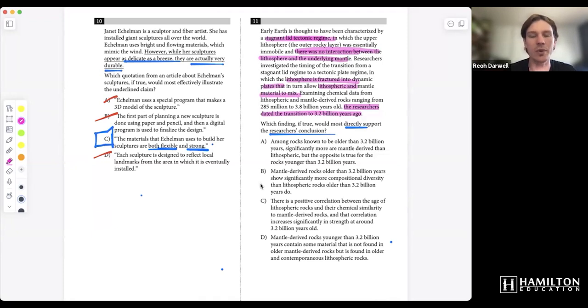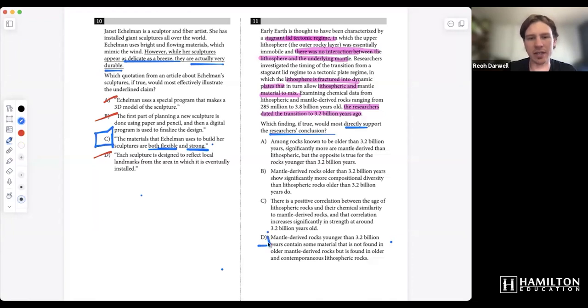Okay. So we need an answer choice that says around 3.2 billion years ago, we start seeing the lithosphere and the mantle mixed. All right. So D says that directly, right?